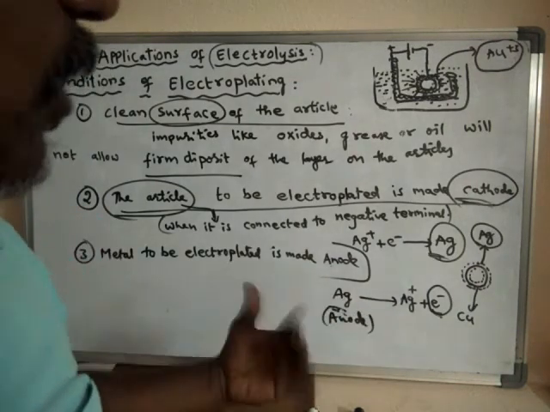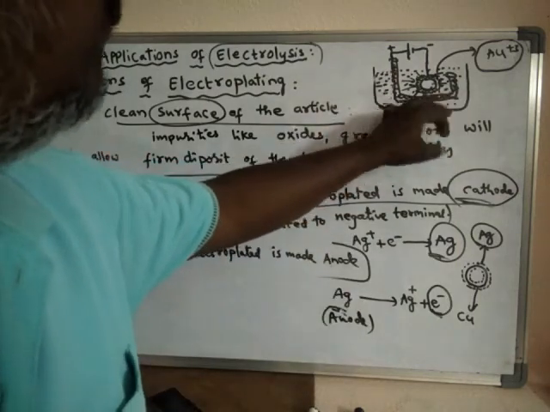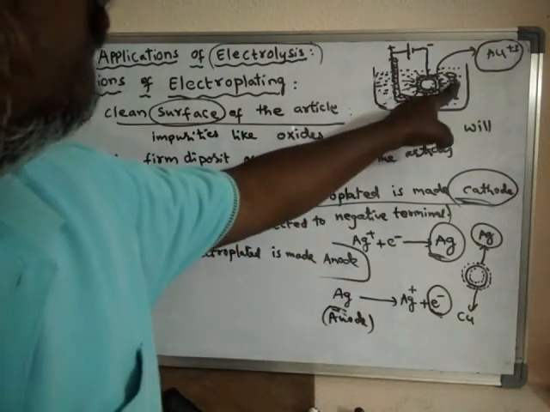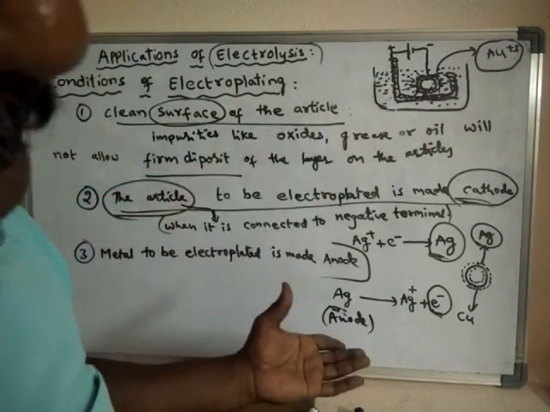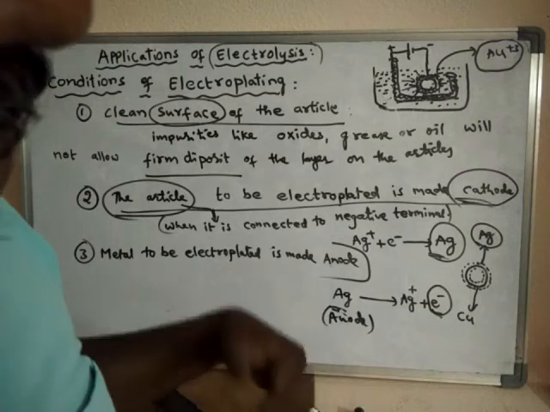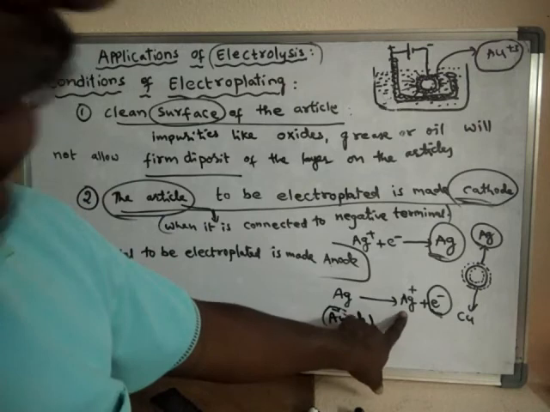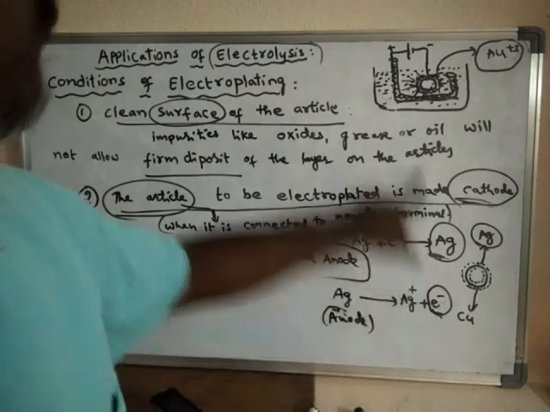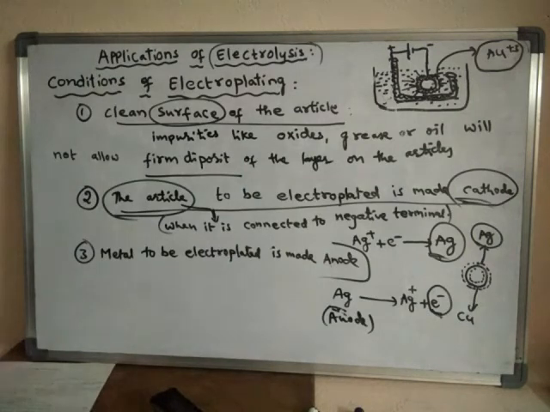This metal will lose electrons to the anode itself. This is the anode, and its material is made up of silver or else gold. So that gold or silver will lose electrons and be converted into ions, and those electrons are taken back by the anode itself, because the anode requires so many electrons.